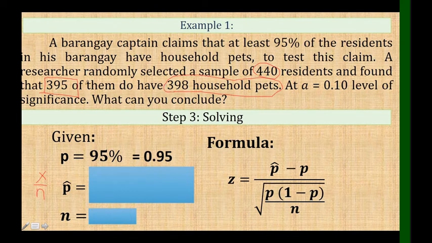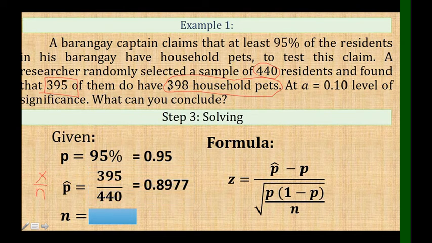So 440 will be the n and 395 will be the x. Divided, you will get 0.8977. Your final answer should be in the form of 4 decimal places. And for the n, we have a total of 440.